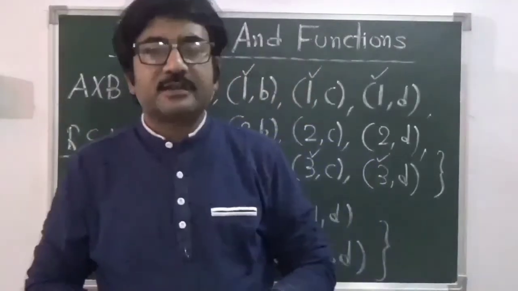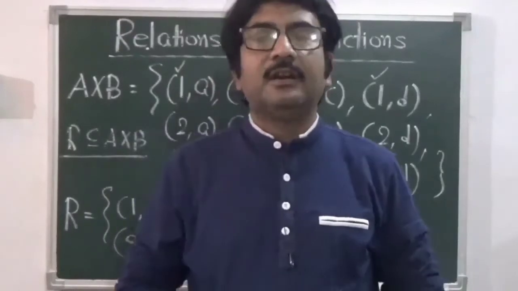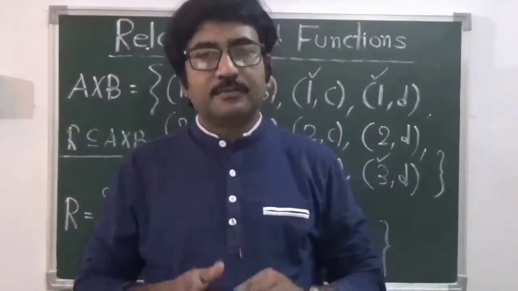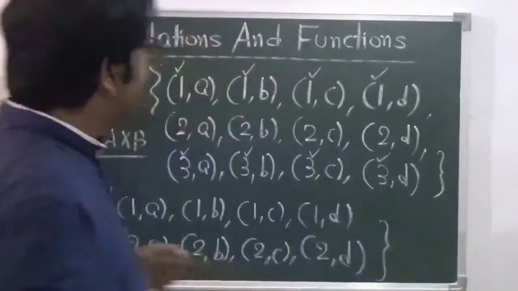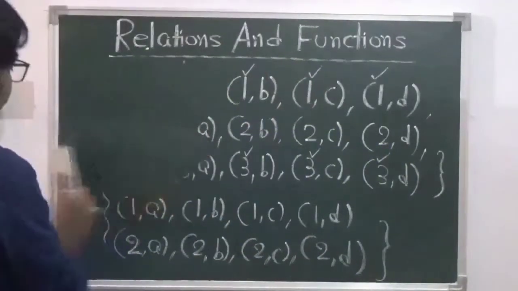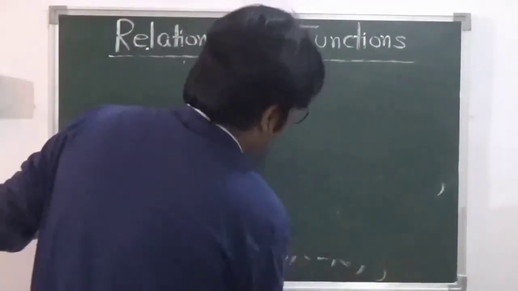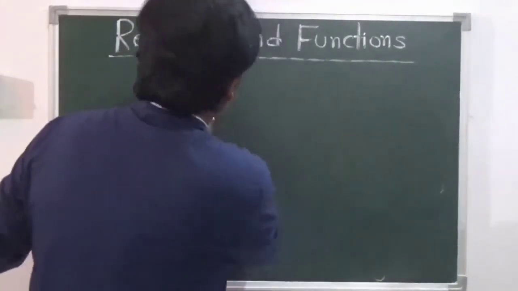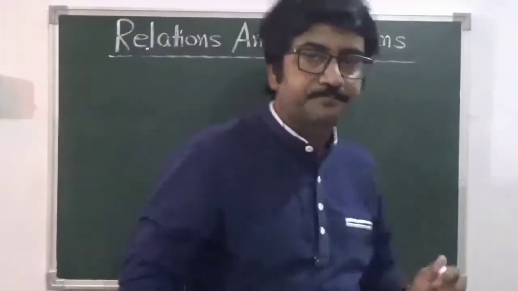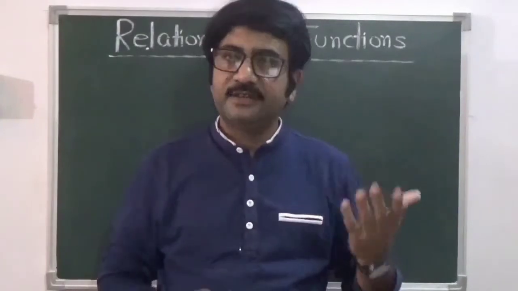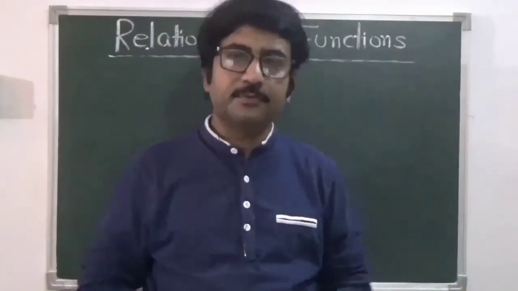Now, in order to understand domain, range and codomain for a given relation, let us take a quick example. Suppose I take set A as 1, 2, 3 and 5, and set B equal to 4, 6, 9.